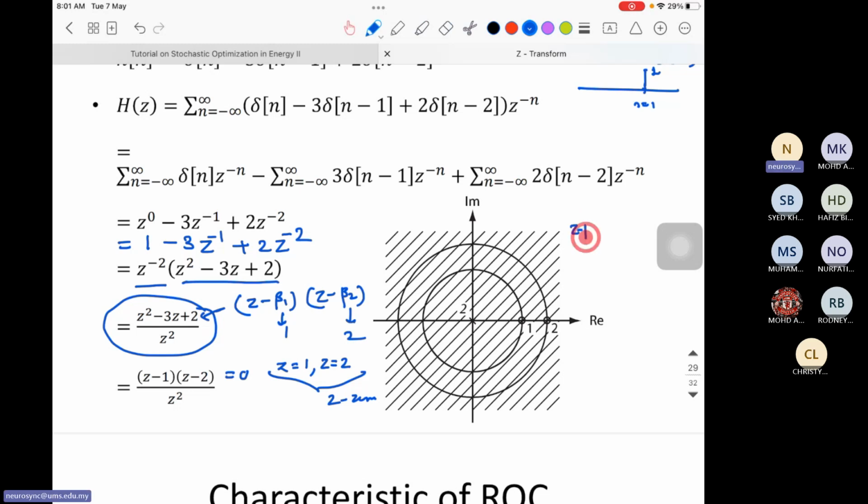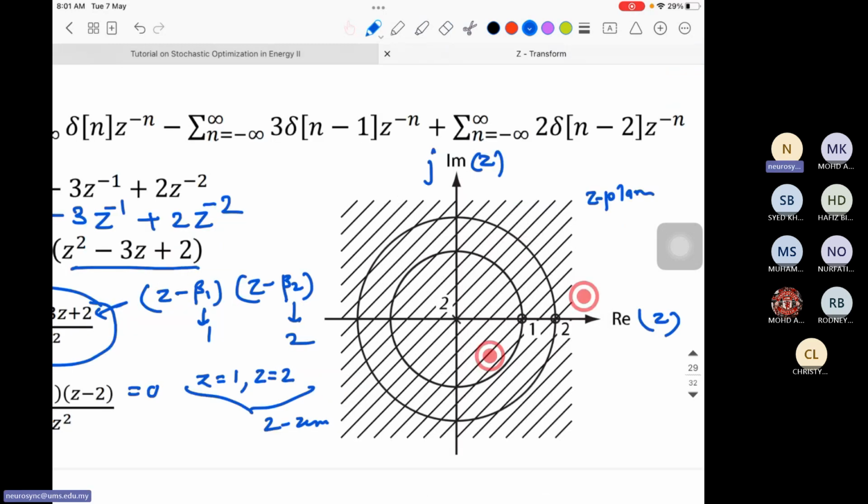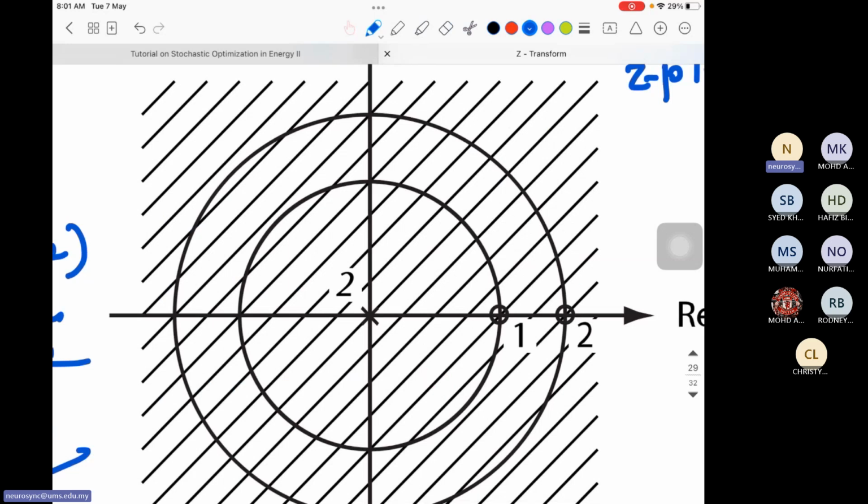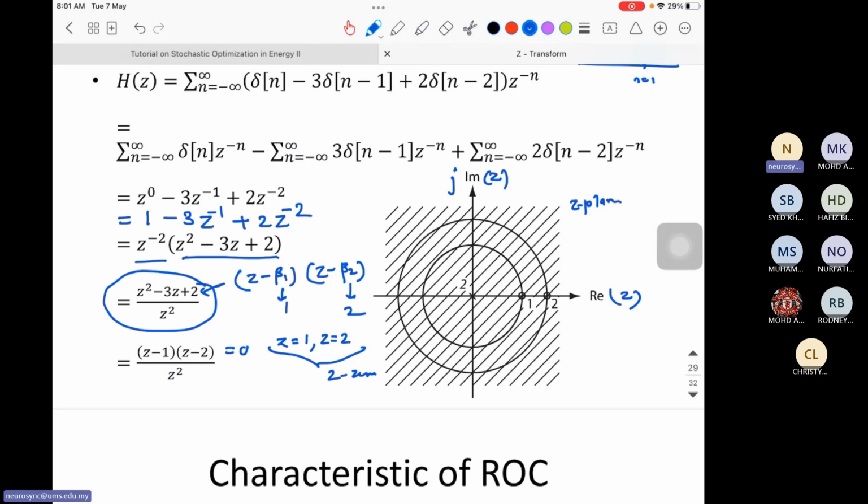This is our entire z plane. Okay, now at this 1 and 2, zeros will exist. Therefore, you need to denote them here in the z plane with this circle. The notation is a circle. What about the poles? Poles we can find when we make the denominator equal to 0, which makes the transfer function infinity.